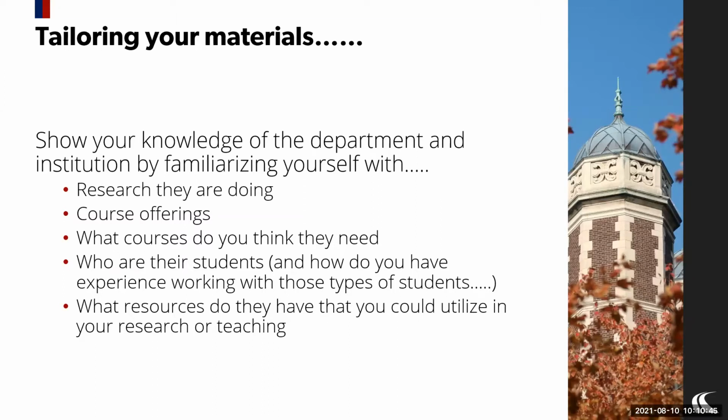What courses do they not have that you might be able to fill? What type of students do they have? Think about your level of experience or background interacting with these types of students, not necessarily as a teacher, but perhaps in other ways. And what resources do they have at their institution that you could utilize in your research or teaching? These are the things to think about when tailoring your materials.